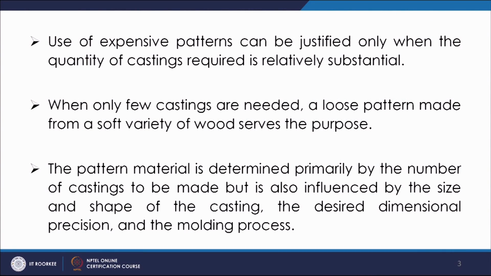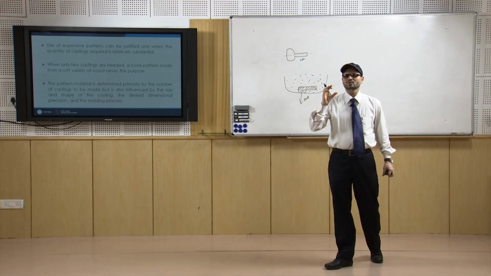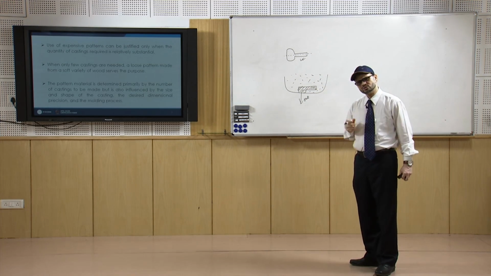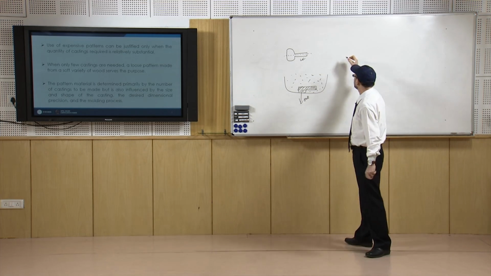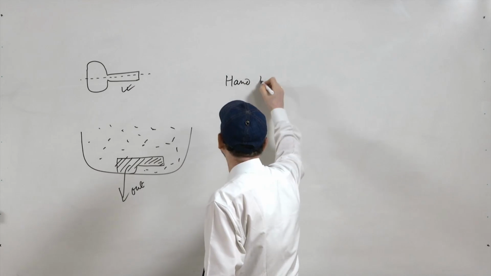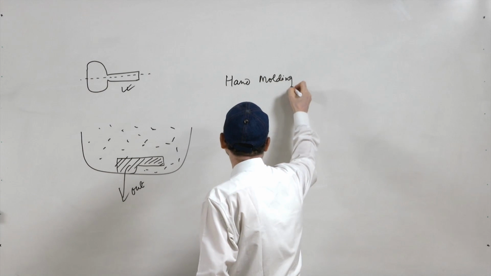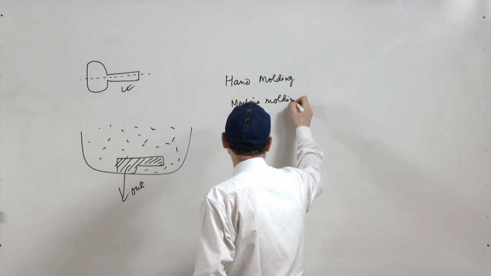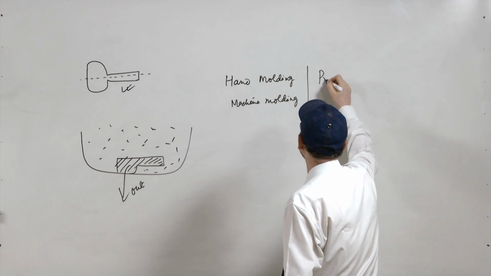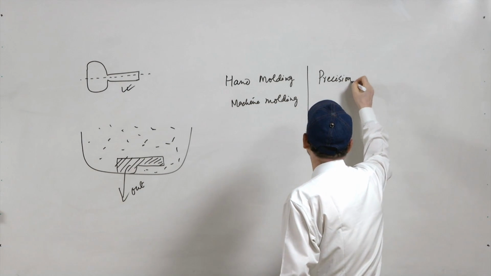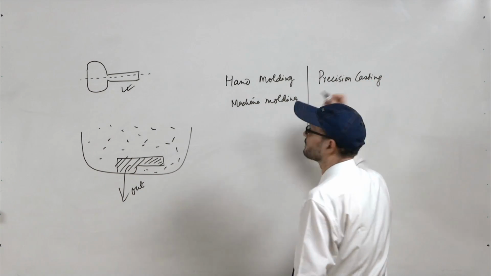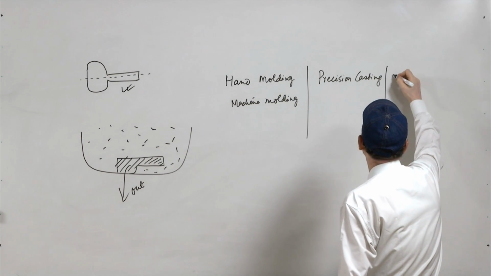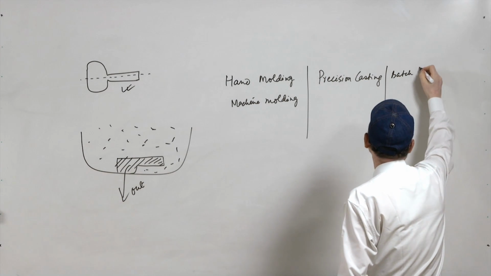So, basically that is what we discussed, that we have to select the pattern based on what kind of molding process we are going to use, whether we are going to use hand molding, whether we are going to use machine molding, whether we are going to have a precision type of casting where the accuracy is very important, whether we are going to go for batch production or mass production.